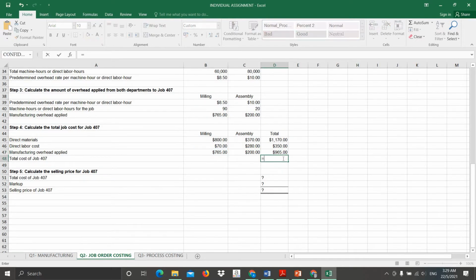So for this one, we add direct materials, direct labor costs, and manufacturing overhead applied together to get the total cost of job 407.